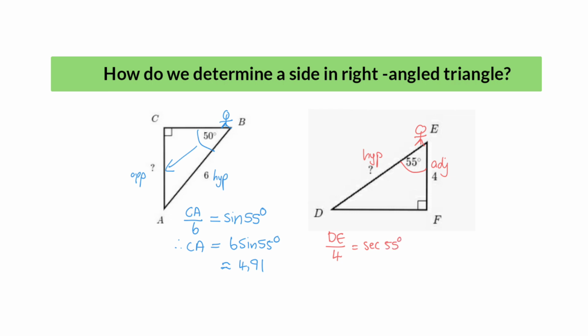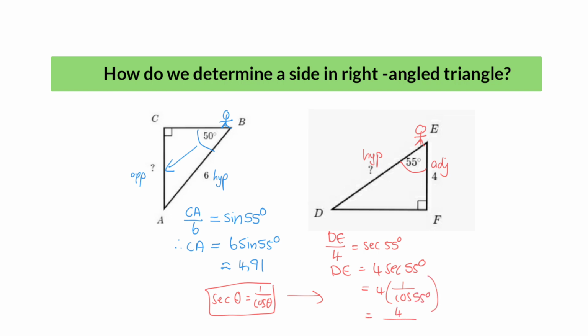That's slightly difficult because there's no sec on our calculator, so what do we do? Well, we first get the 4 away, and then we change sec to its inverse function. We know that sec theta is 1 over cos theta. So instead of sec, I'm going to write 1 over cos 55 degrees.